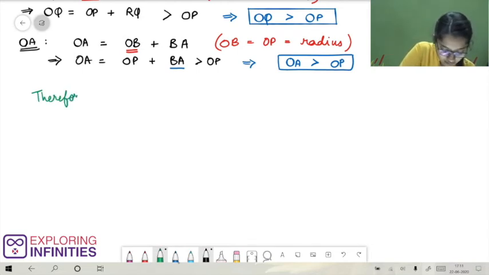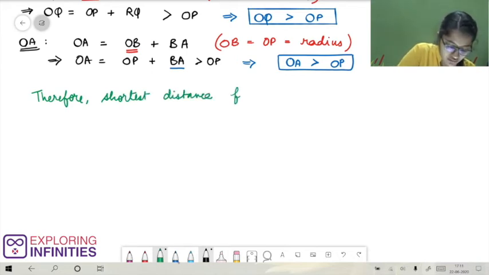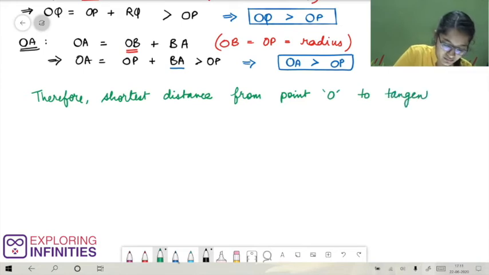Therefore, the shortest distance from point O to tangent XY is OP.